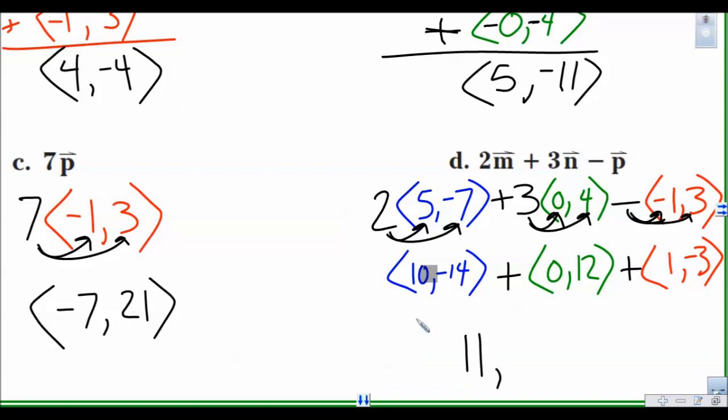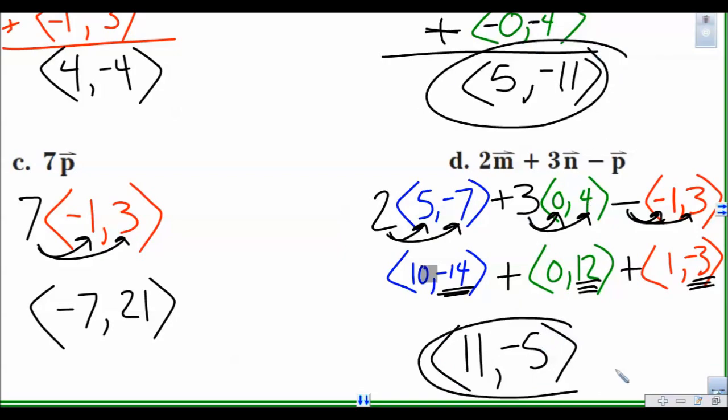And let's do the same thing with the vertical components. -14 plus 12 takes us to -2, and then -2 plus a negative 3, we're at negative 5. So there we go. All these right here are the final answers I'm looking for when you're doing these operations.